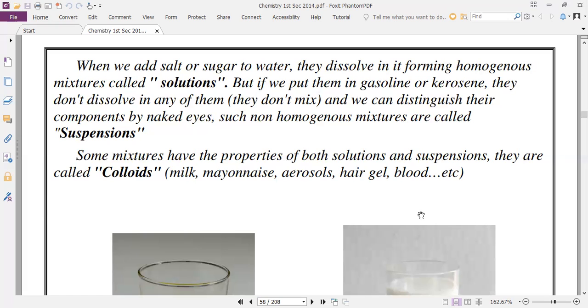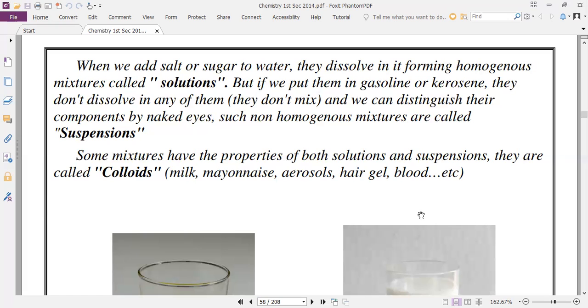But if we put them in gasoline or kerosene, what happens? You can't dissolve them. So sugar or salt don't dissolve in any of them, and they don't mix. We can distinguish between its components by naked eye.